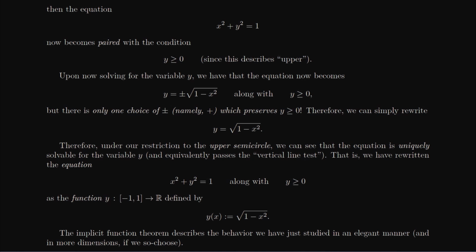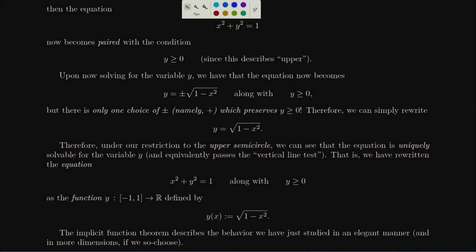This is what the implicit function theorem is going to build for us. It's going to tell us in what sorts of situations we will or will not be able to uniquely solve one of the variables of an expression or an equation in terms of the rest of the variables. That will be an implicit function. This would be an implicit function.